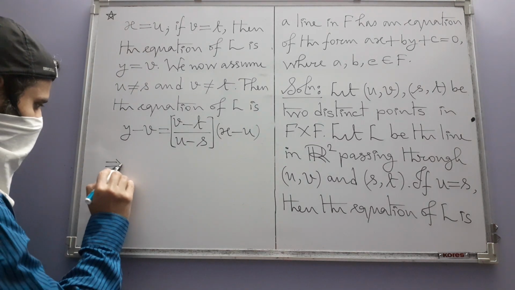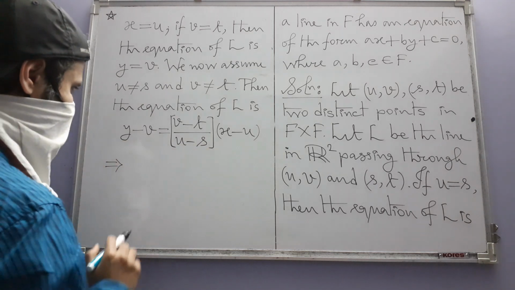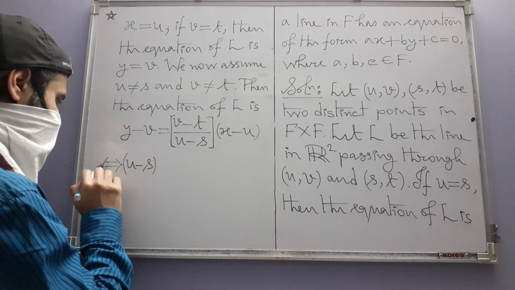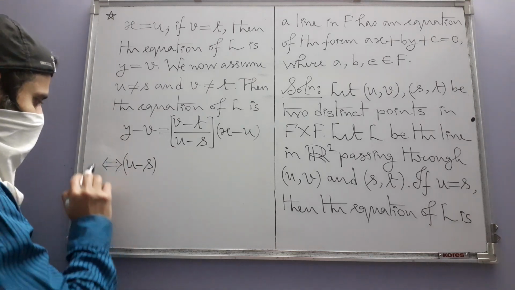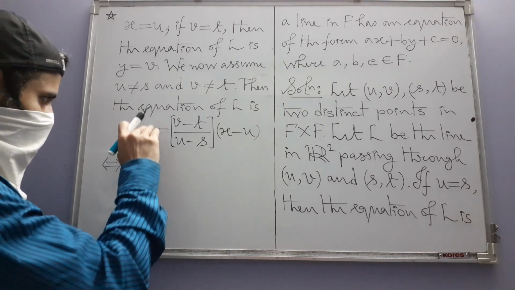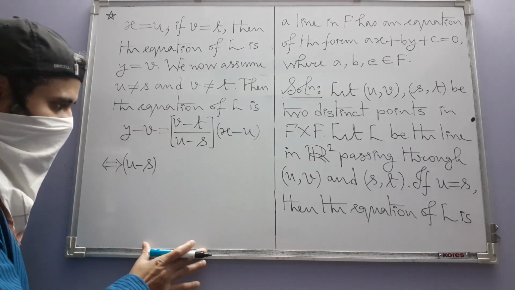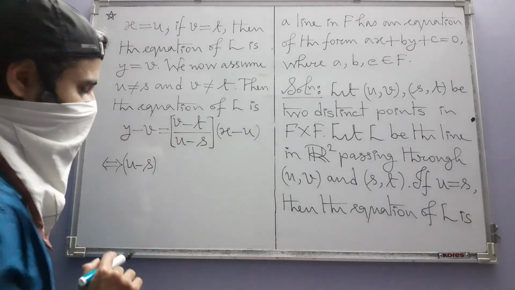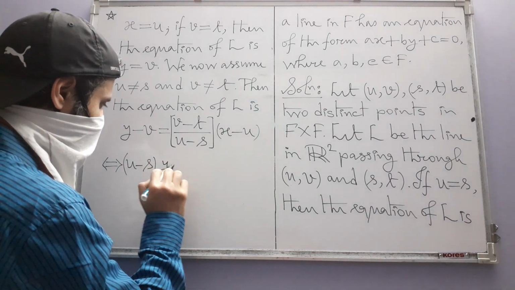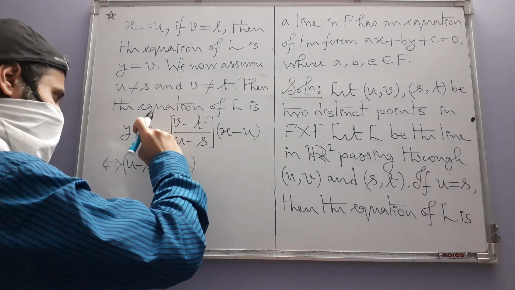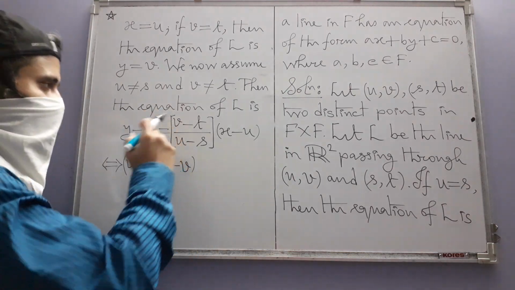So first we multiply on both sides by u minus s. I am writing this if and only if just to show that these are all equivalent. The equations that we will write here are all equivalent to one another. So just like you can go from here to here, you can also go back.